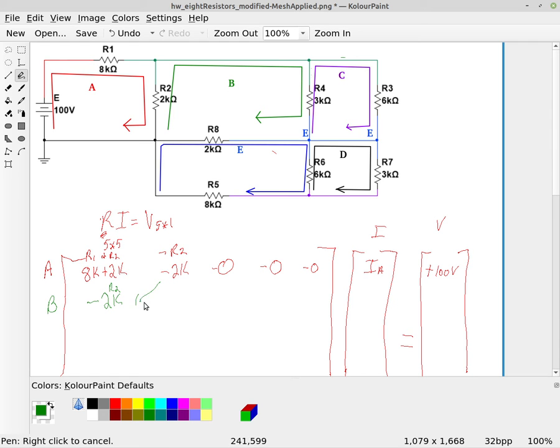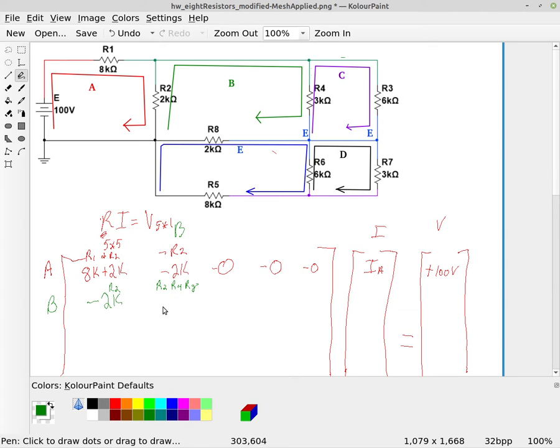So we always have this symmetry happening here. And then this is the B column, and this is the B row. And so that's where I put all the resistors associated with the loop current B. And so that's going to be R2, R4, and R8.